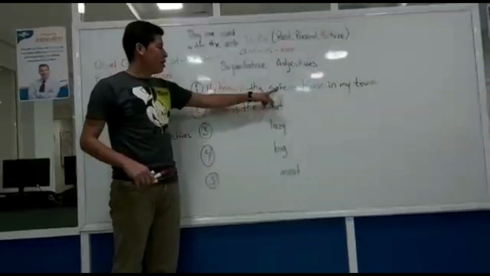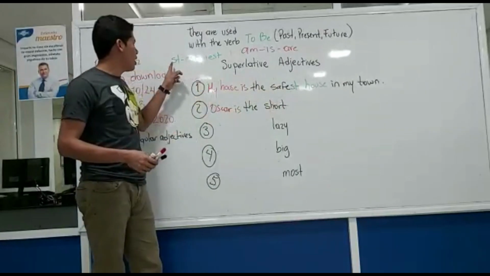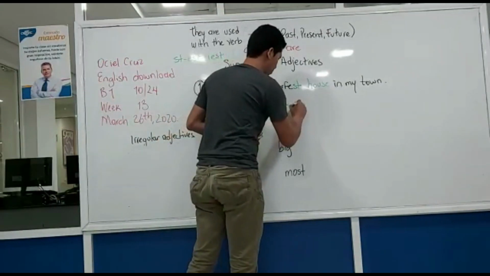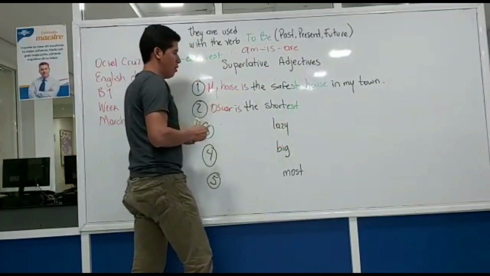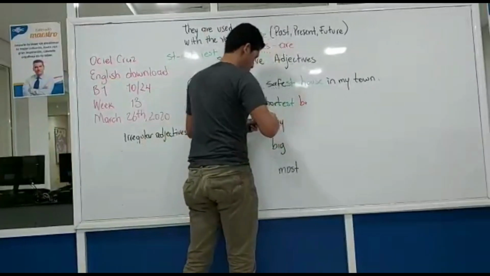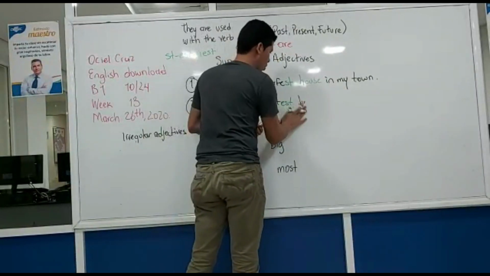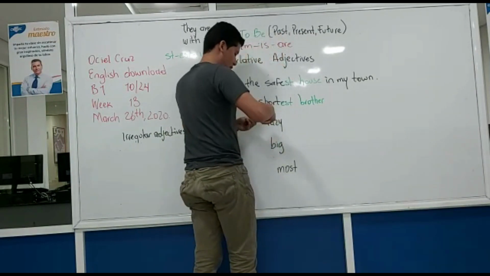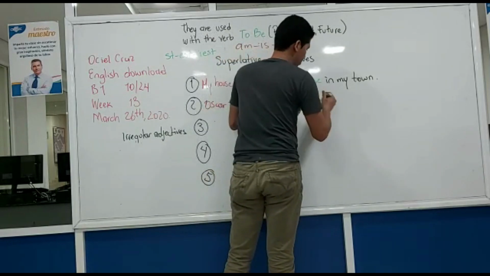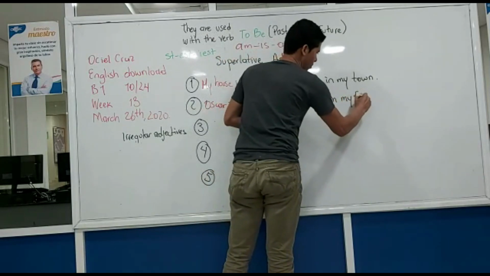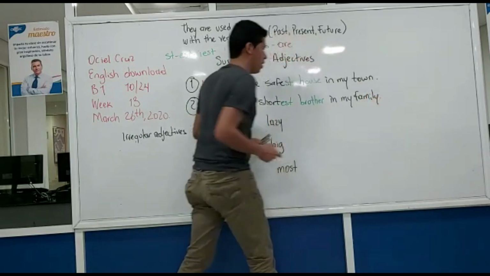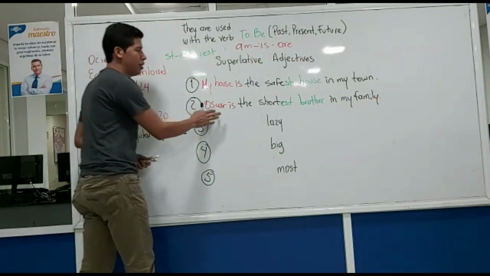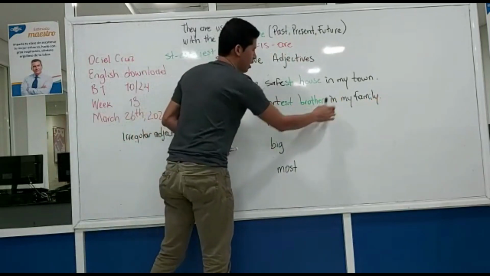And when they end in a vowel e, I use st. Oscar is the shortest brother in my family.